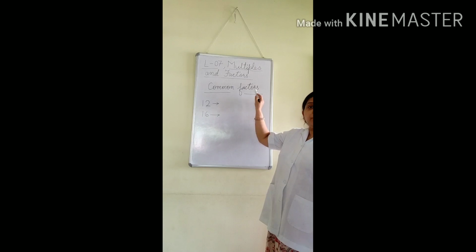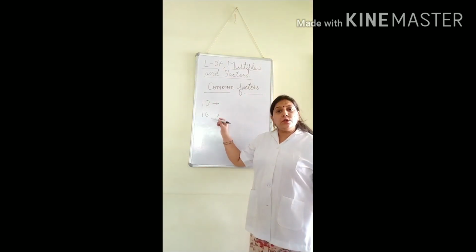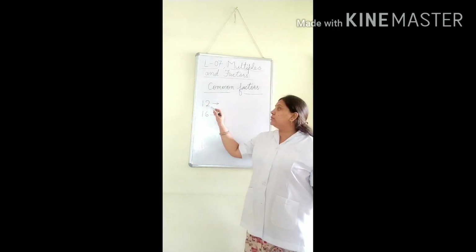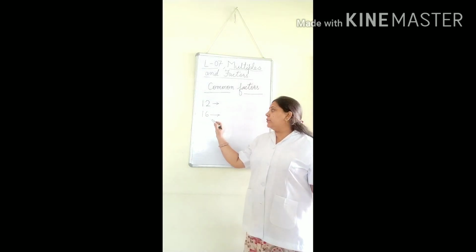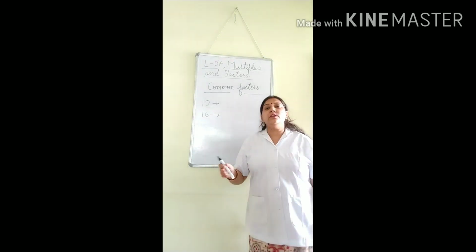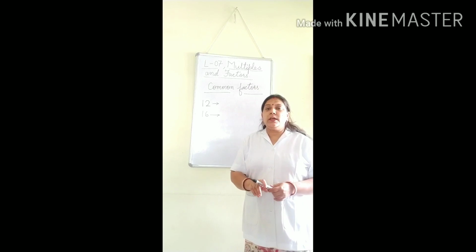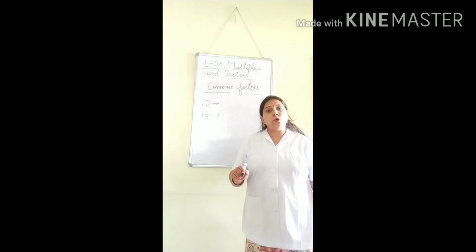To find common factors, we take two numbers here. The first number is 12 and the second number is 16. First we write the factors of 12 and then we write the factors of 16.